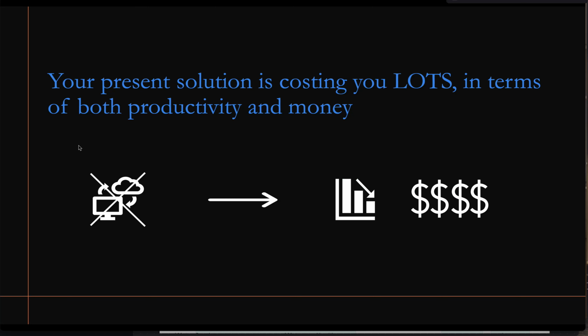The last thing I'd like to do is to think about what your present solution is costing you. You might say, it's not costing us anything at all. Well, why don't we look at it from this perspective?